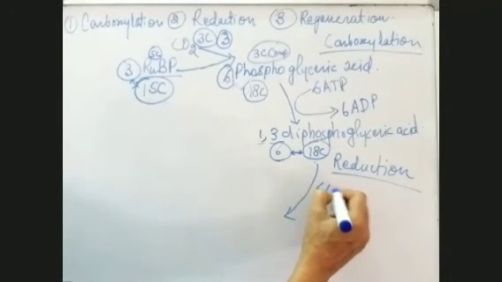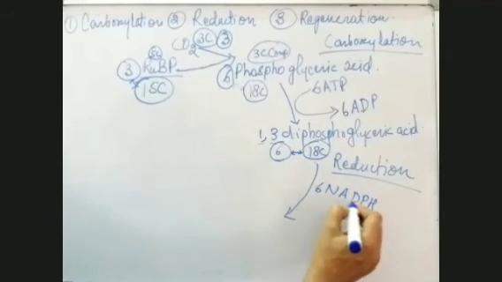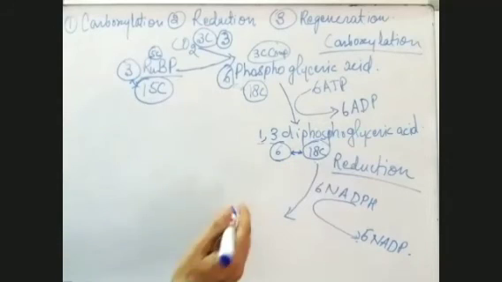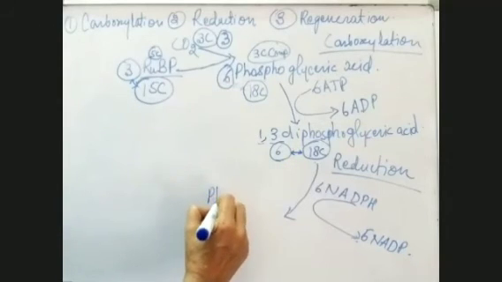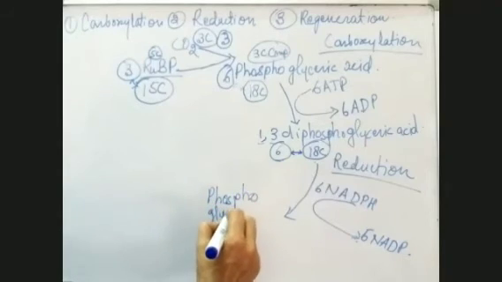For that, 6 NADPH are there, and this was broken down with the release of energy, and 6 NADP are formed. This resulted in the formation of 6 molecules of phosphoglyceraldehyde. Now this turns into glyceraldehyde. So what is formed here is glyceraldehyde.